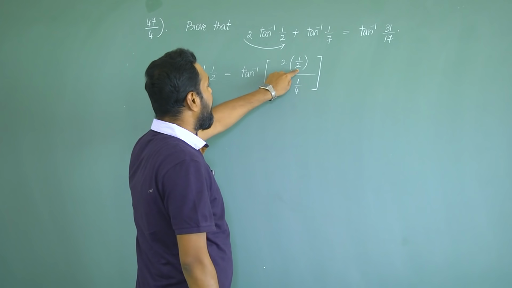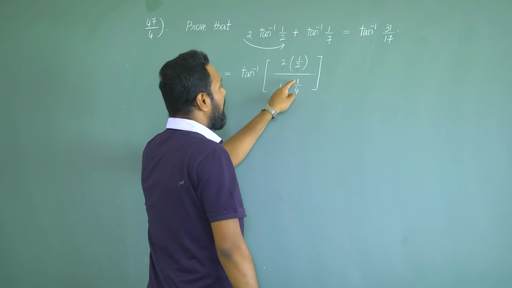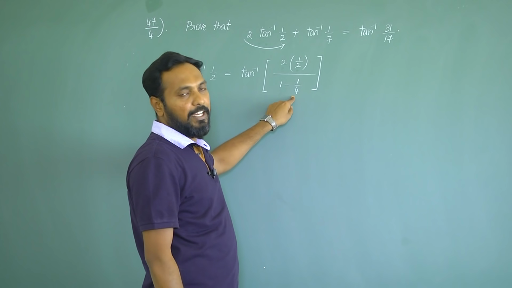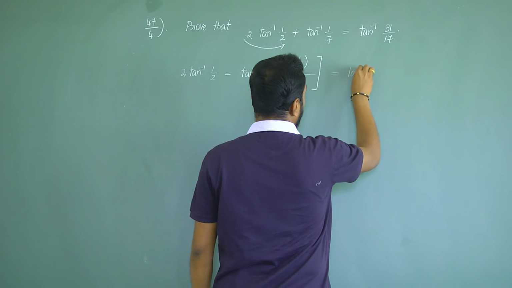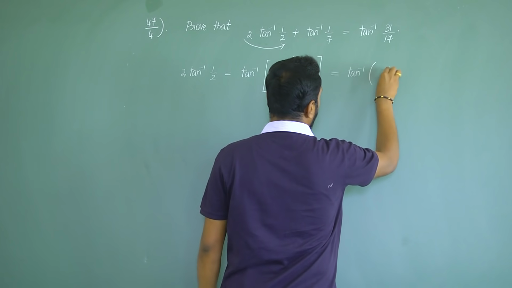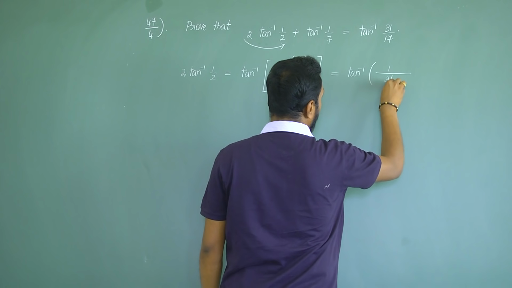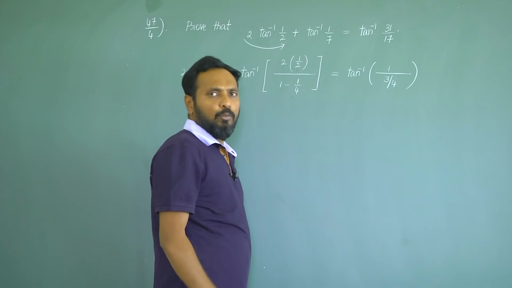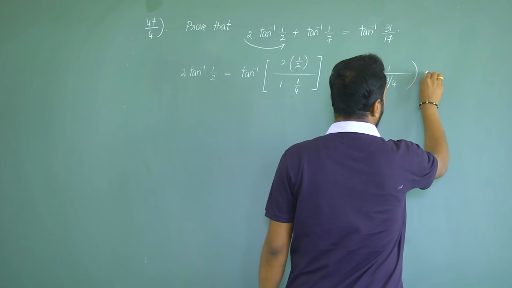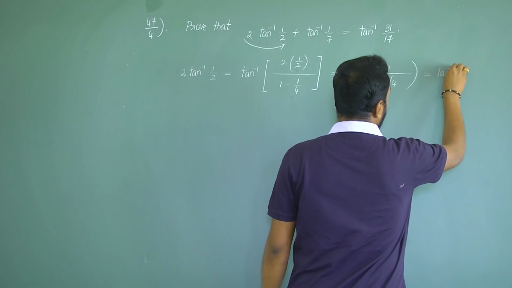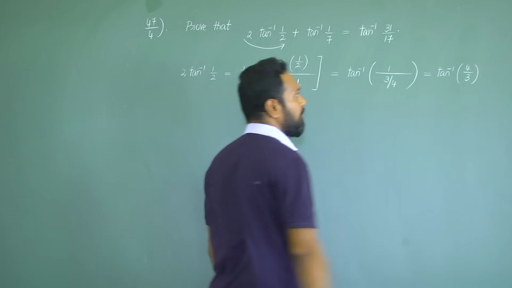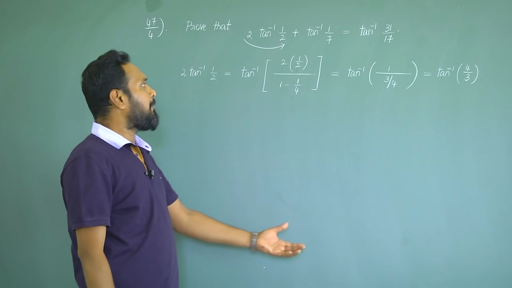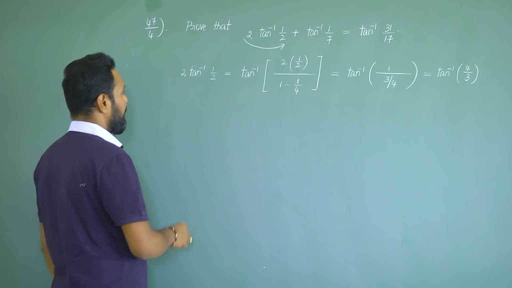On simplifying, 2 cancel, 1 minus 1 by 4 simplification 3 by 4, that equals to tan inverse of 1 divided by 3 by 4. 1 divided by 3 by 4 I can write it as tan inverse 4 by 3 I can write. Now, I am substituting this in the given question.